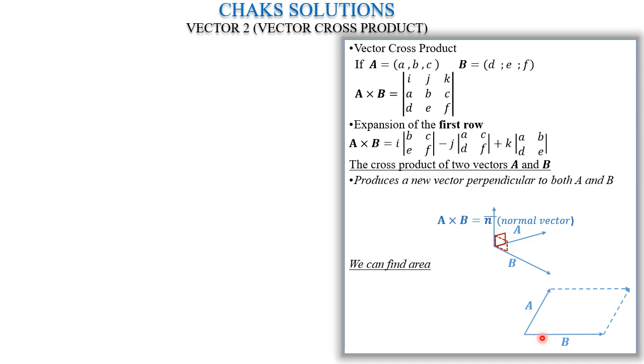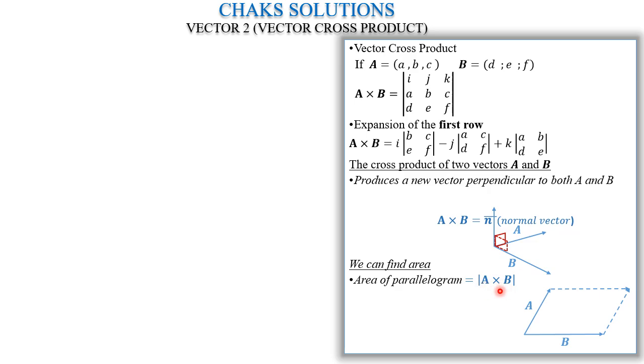So we can find the area of this parallelogram. The area of this parallelogram is equal to the magnitude of a times b. Remember, when you multiply a and b under the cross product, it will produce a new vector.